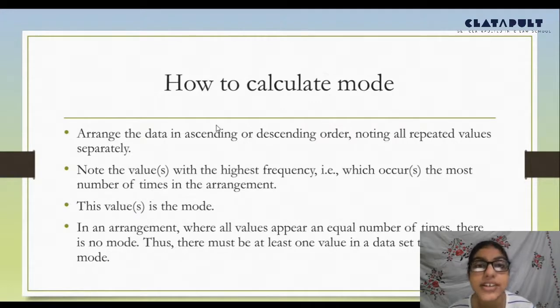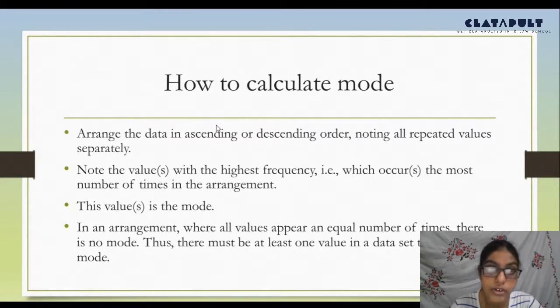However, it's much easier to arrange it so you can see how many times each value occurs at a glance, right? Then we note the value with the highest frequency, and that's our mode. The value or values with the highest frequency will be our mode values. Again, in an arrangement where all values appear an equal number of times, there is no mode.